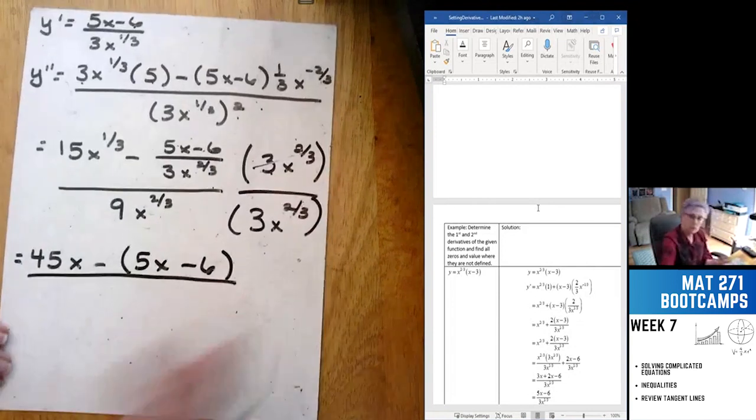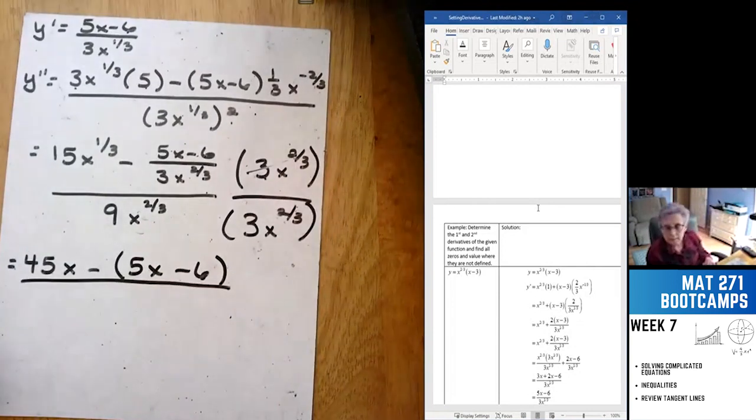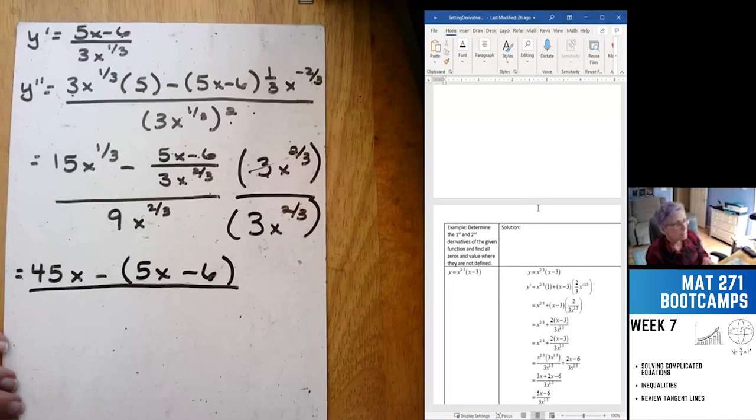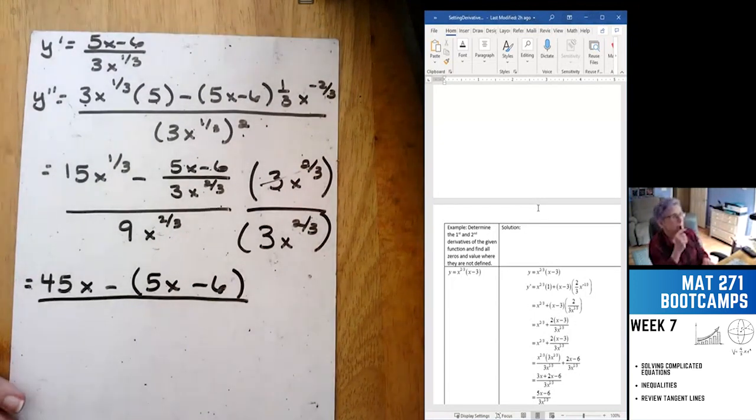Can I ask you a question? Yes. So I understand that when you flip, or when you change the x denominator to the numerator, it changes the power sign, right? Mm-hmm. But I am confused on how that works in the second part where it's the 5x minus 6 over 3x to the 2/3.